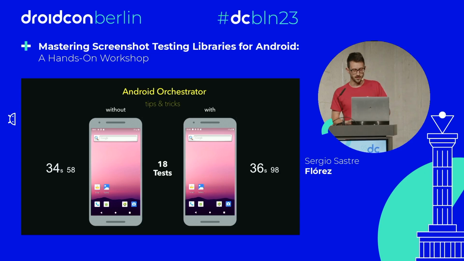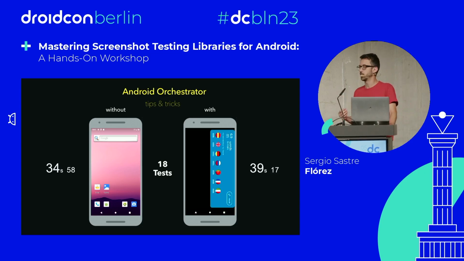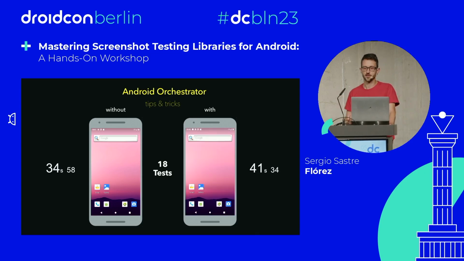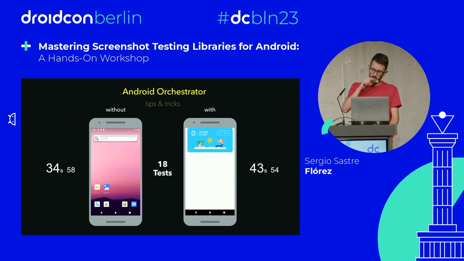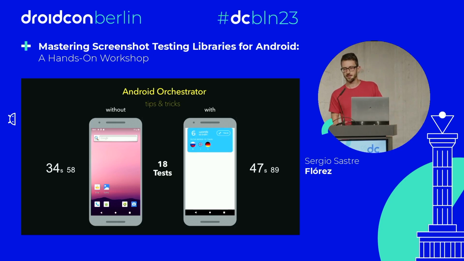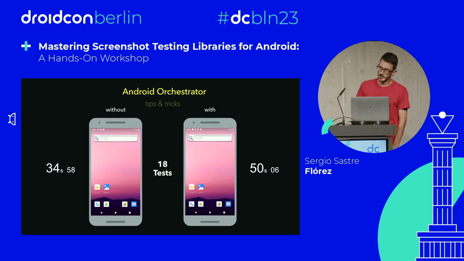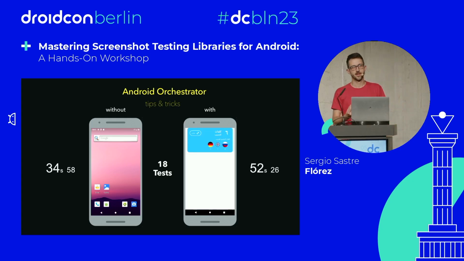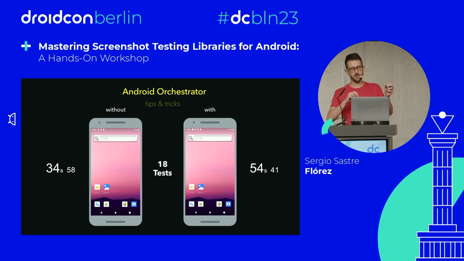So you may think, okay, but Google recommends using Android orchestrator. Well, what's the problem that Android orchestrator is trying to fix? It's trying to fix the problem that we have dependencies between tests.